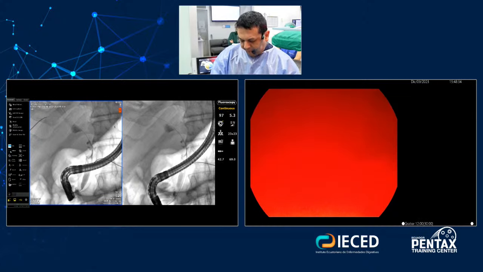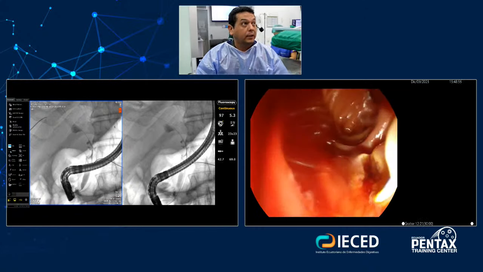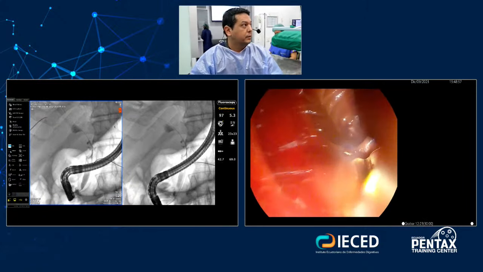So the big advantage is that it's not necessary to come back to remove the plastic stent. So it's very interesting, and this supports that this new technology could be used in our patients in daily practice.